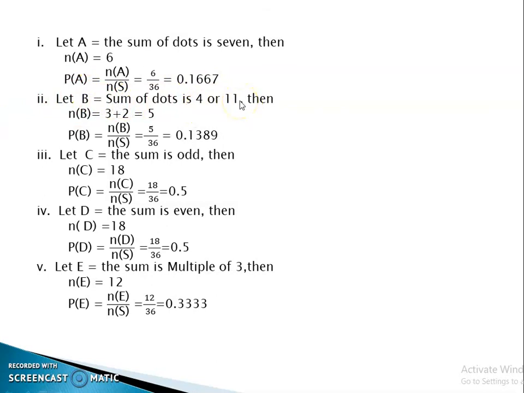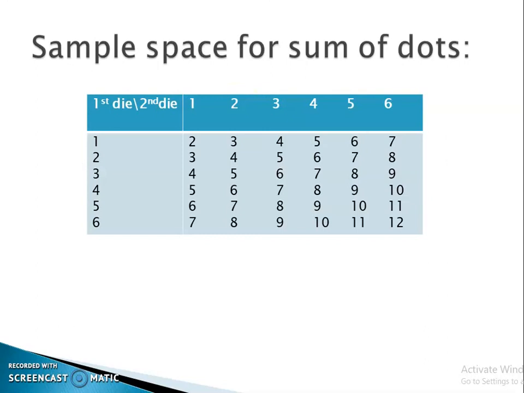In the second part, let B denote the event that the sum of dots is 4 or 11. Now we are interested in the sum being 4 or the sum being 11. The sum 4 appears 3 times in this table, and sum 11 appears 2 times. So 3 outcomes of 4 plus 2 outcomes of 11.